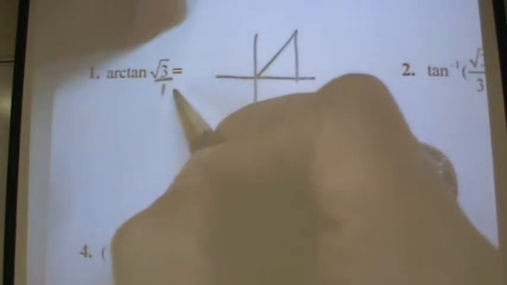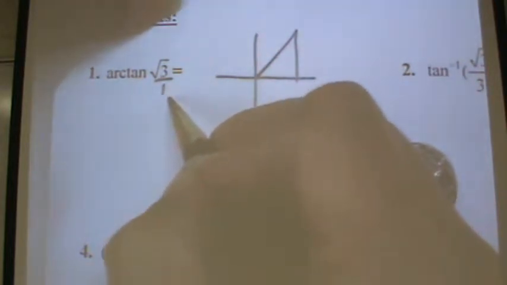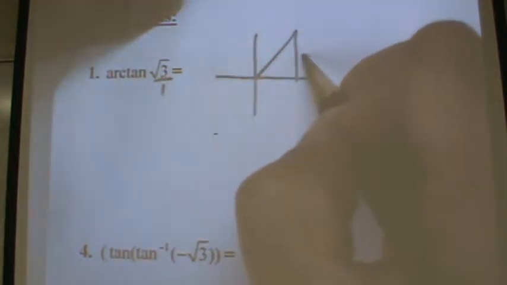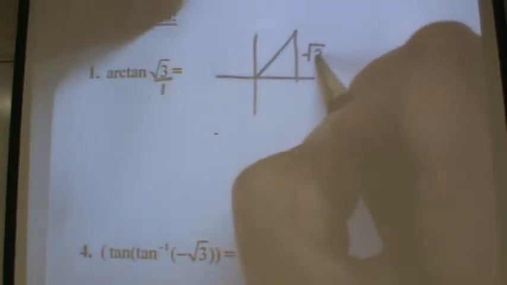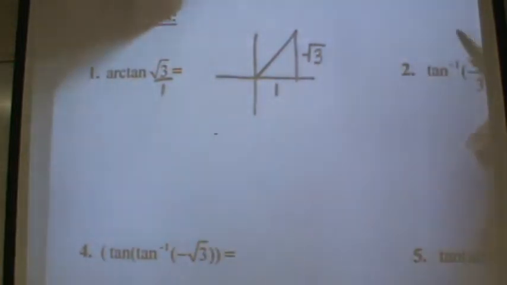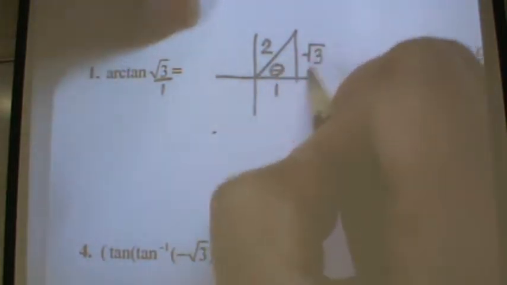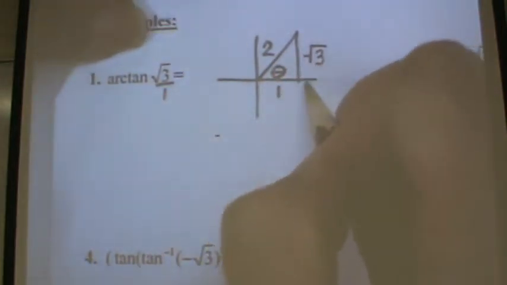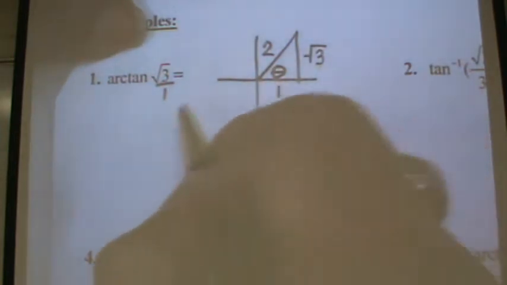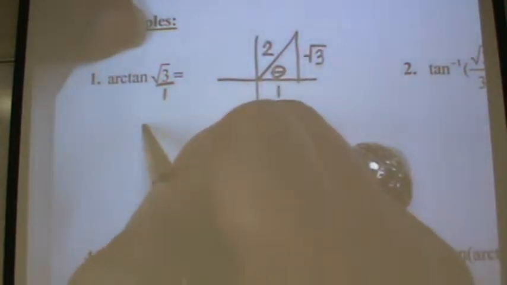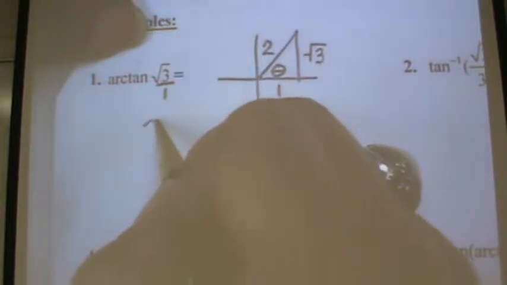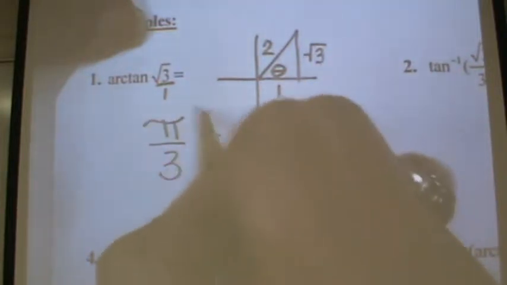Why am I putting myself in quadrant 1? Because this ratio is positive. The definition of tangent is opposite over adjacent. What angle am I whose side opposite over adjacent is root 3 over 1? What angle is this? 60. Good job. Pi over 3. Thank you, Robbie.